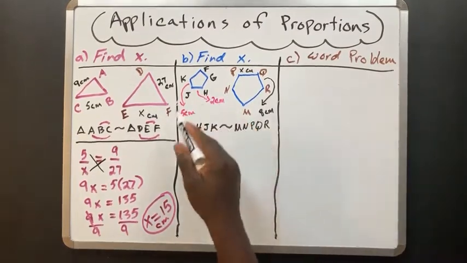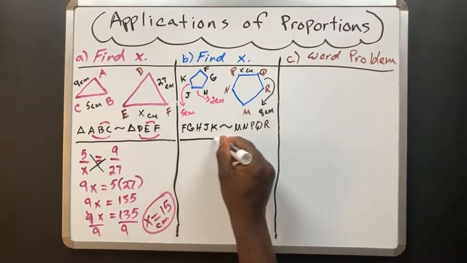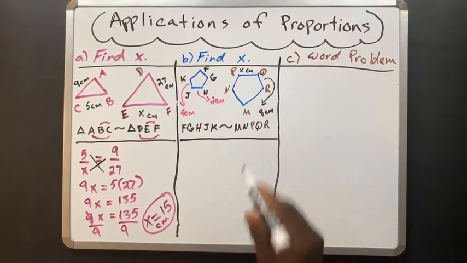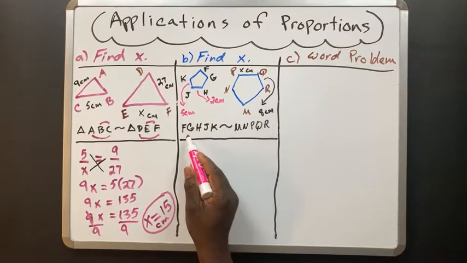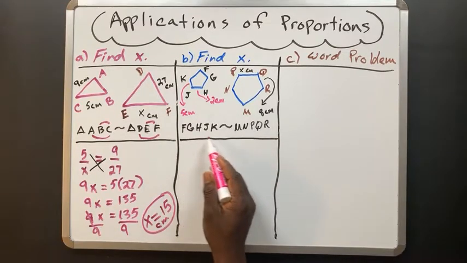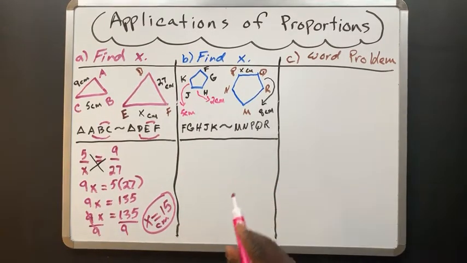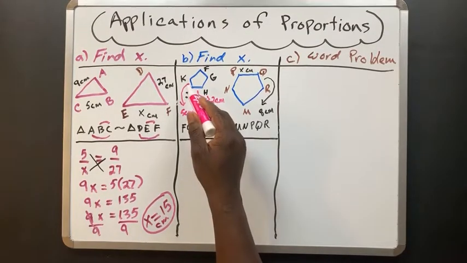That's the similarity statement for the two similar pentagons. Now let's study it like we did before, and pay attention to which corresponding segments are connected here. So let's look at what's given.